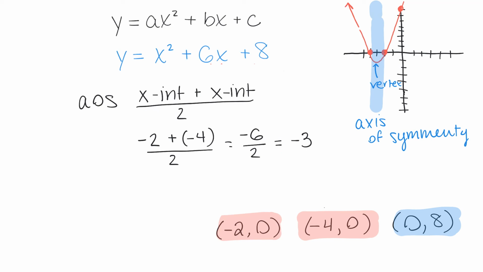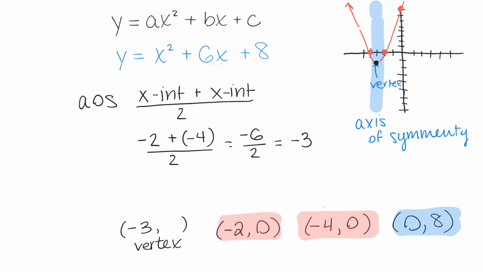That means that this vertex right there is on -3. So the x of the vertex is -3. Now I need to know what y value it goes with.